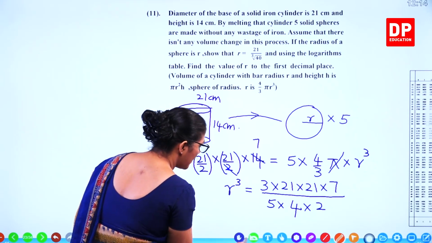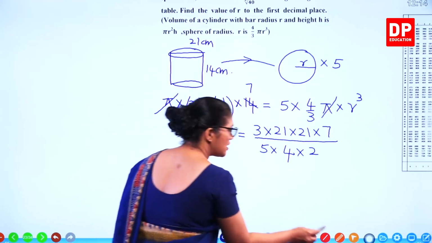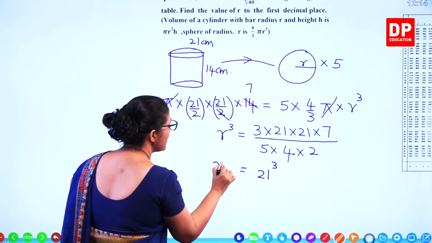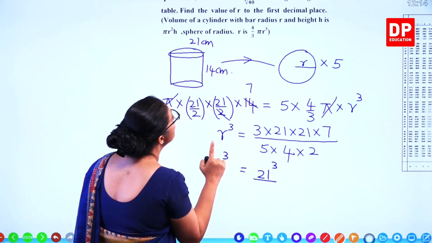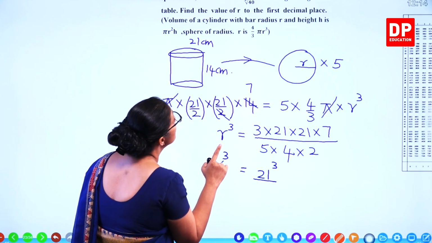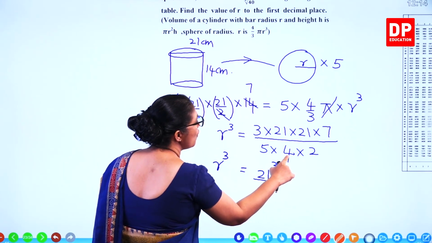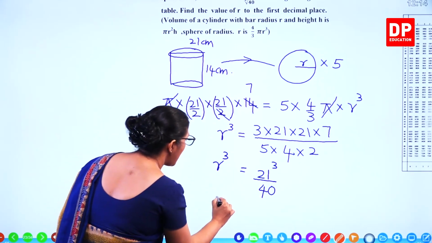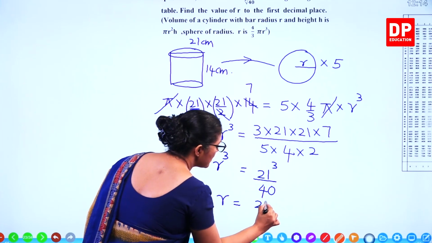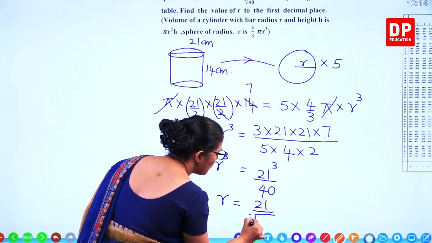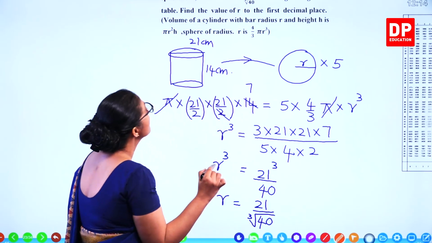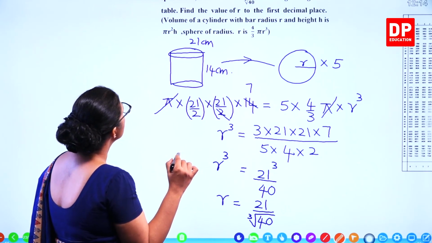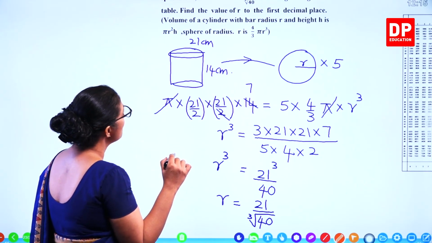And that means here we can see that 7 times 3, 21. So you get 21 to the power 3 there in the numerator. And below you need 40. So 5 times 4, 20 times 2, 40. Now take cube root both sides. R becomes cube root of this is 21. Here you get cube root of 40. So R equals that. And then using the logarithms table, find the value of R to the first decimal place.